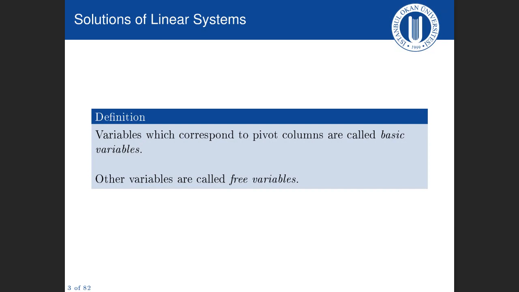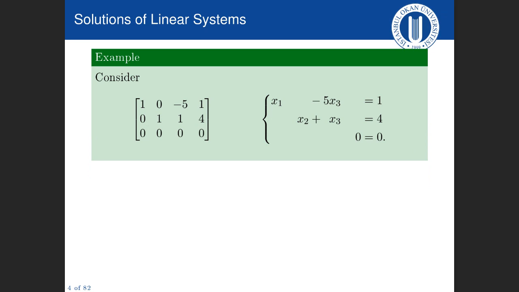Variables which correspond to pivot columns are called basic variables, and the other variables are called free variables. So, for example, look at this linear system. I've written on the right as a system of three equations, and on the left I've written this in the form of an augmented matrix. And this augmented matrix is in reduced row echelon form.